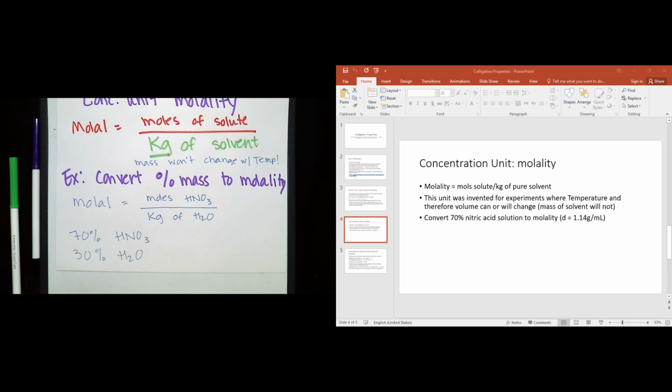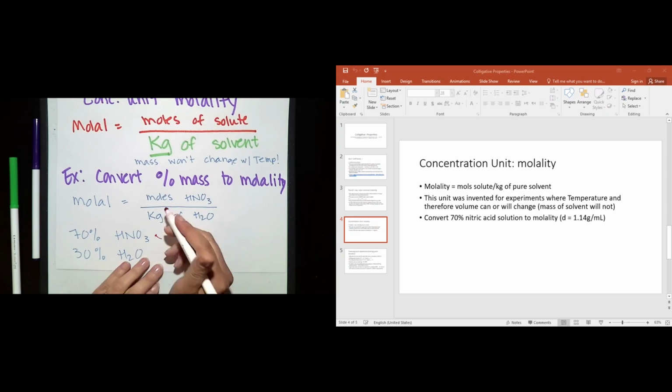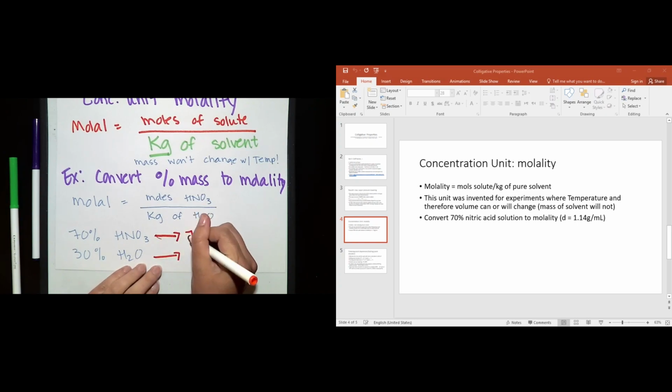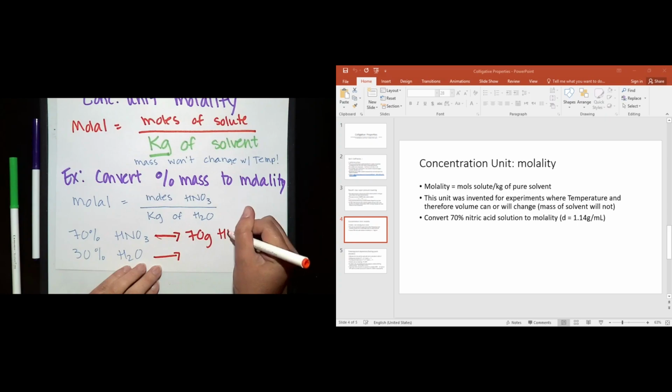All right, so here's what I like to do when I have a concentration conversion problem. When I'm going from one concentration unit to another, I always make an assumption of an amount, how much of what I have. When I start with mass percent, I assume 100 grams. If I assume 100 grams, that means I have 70 grams of nitric acid and I have 30 grams of water.